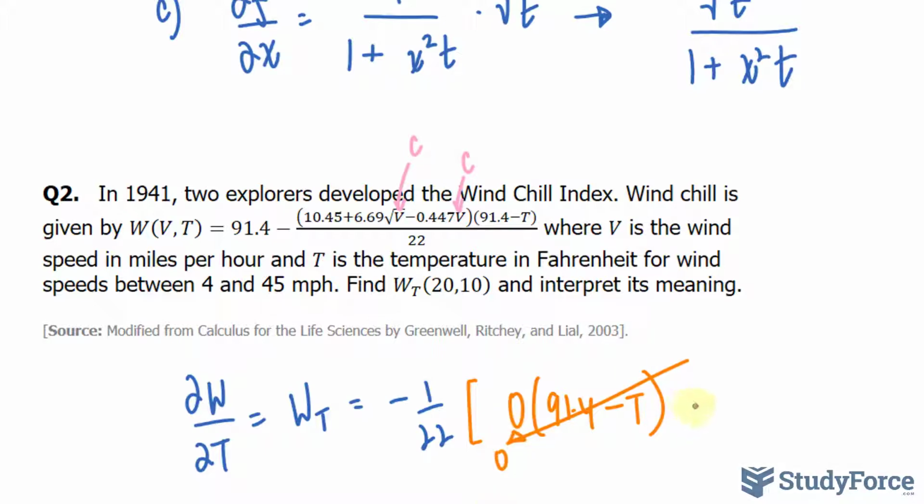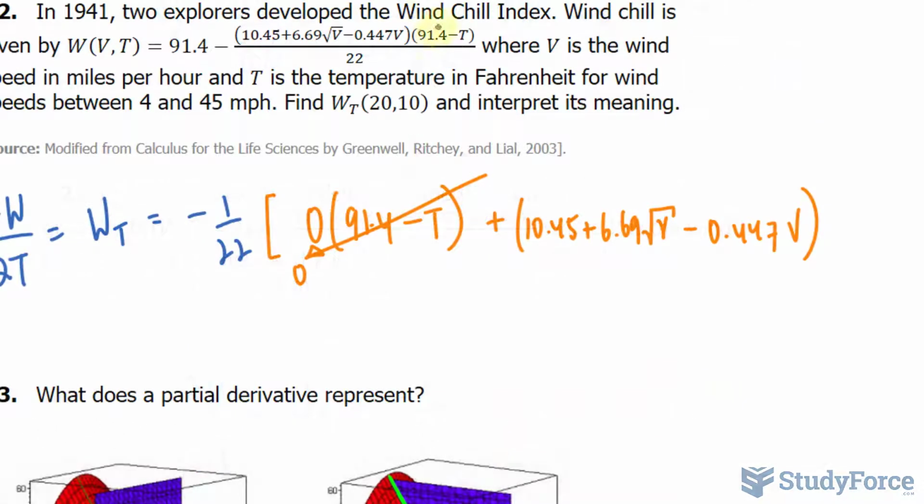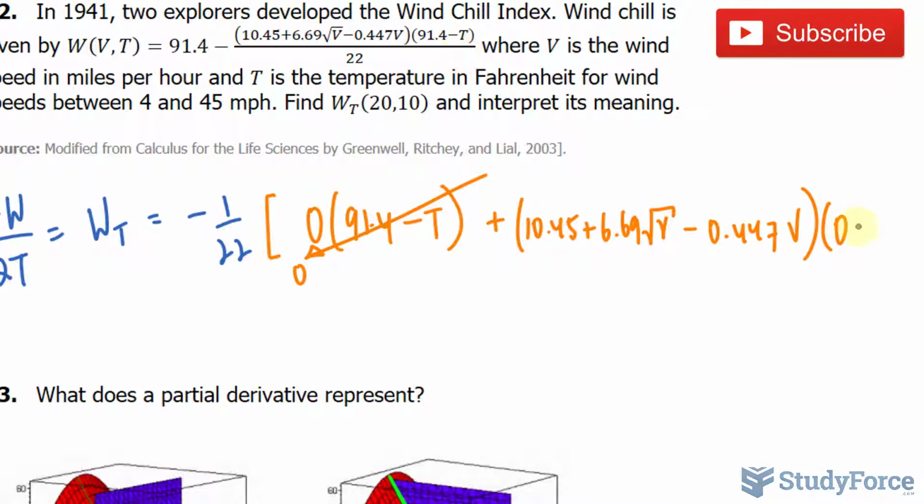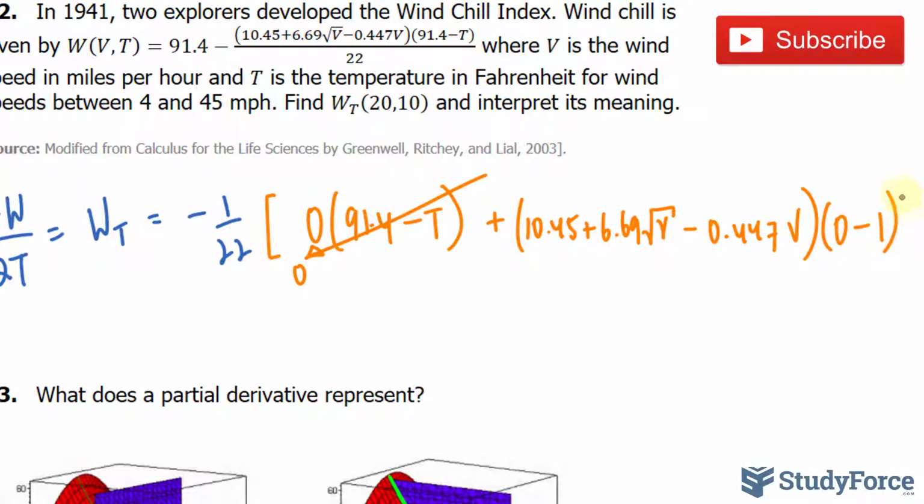According to the product rule, we then add and leave this part alone. So I'll rewrite it. And now we find the derivative of this expression. The derivative of 91.4 constant is 0, and the derivative of negative t is negative 1.